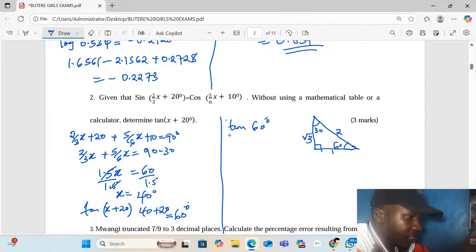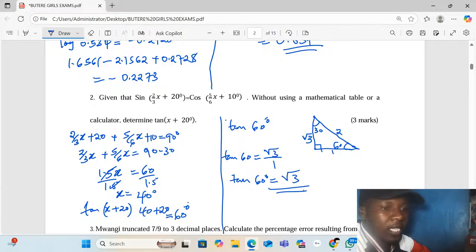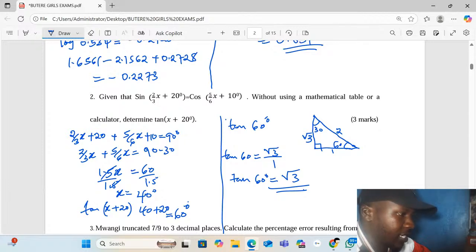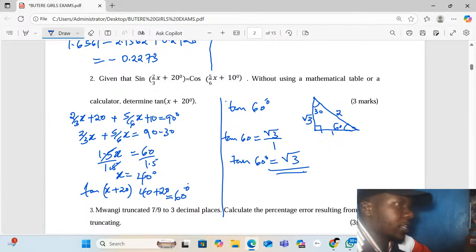Tan 60 is the opposite, root 3, over the adjacent, 1. Therefore tan 60 degrees is root 3. There, then you get your 3 marks.